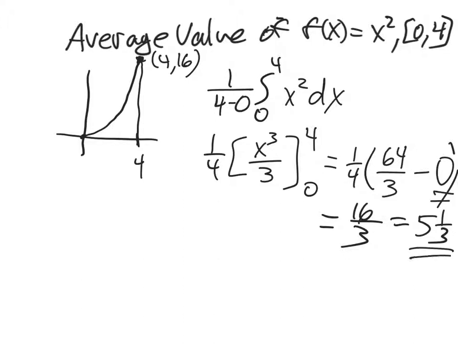What's 5 1/3 mean? It means if you go over to the y value, it's averaging between. So that here, 5 1/3. And if you go over to that line, then down. That creates a rectangle, the height of 5 1/3 and a width of 4 here.